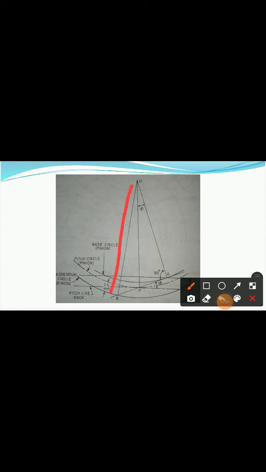O to P is the pitch circle radius, plus the addendum value, which is already given as 3.4 millimeter.